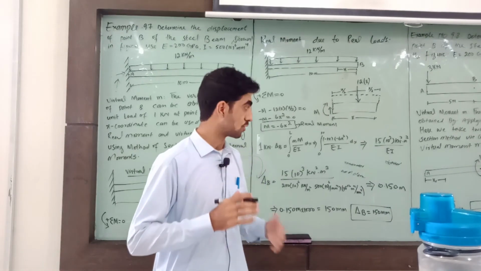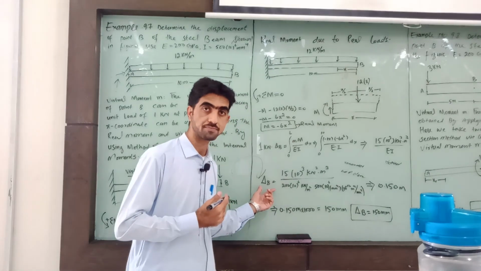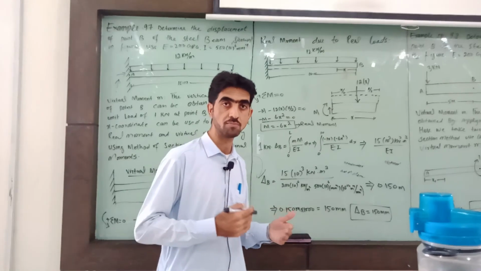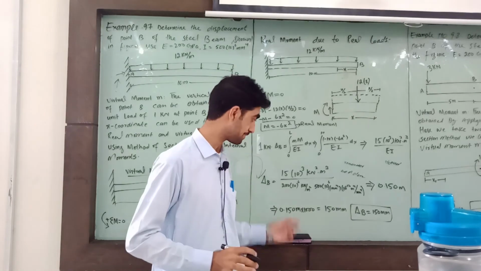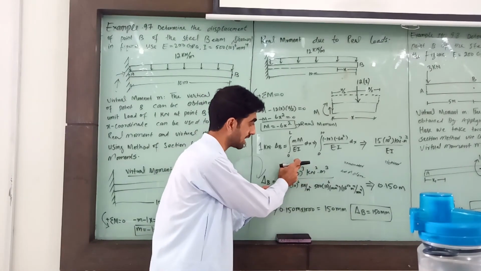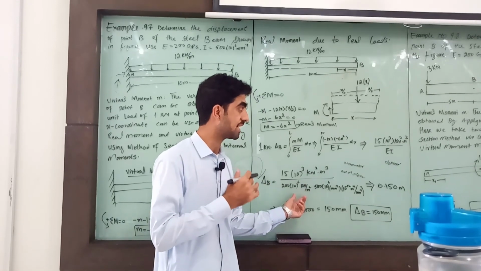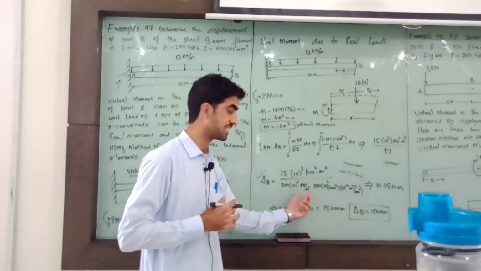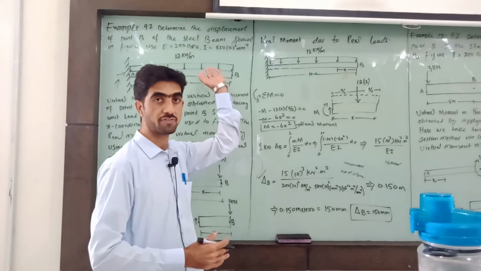Okay, so after that we find the delta B. So our target in this problem is delta B, meaning displacement of point B. When we achieve this point, this equation is divided by the EI value, the modulus of elasticity and moment of inertia, and we put it in this equation, which is already given in the question.